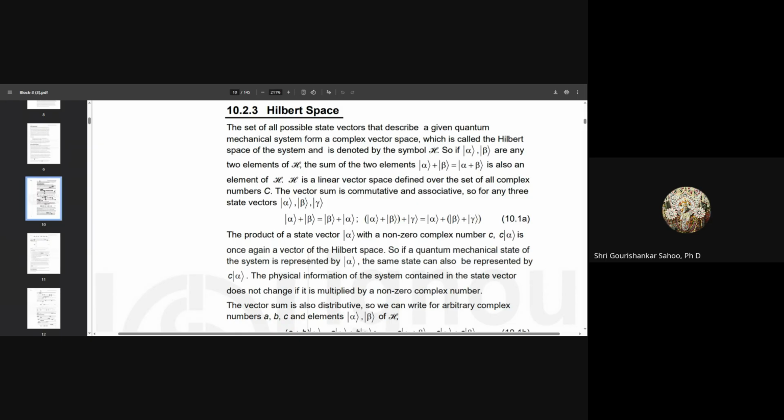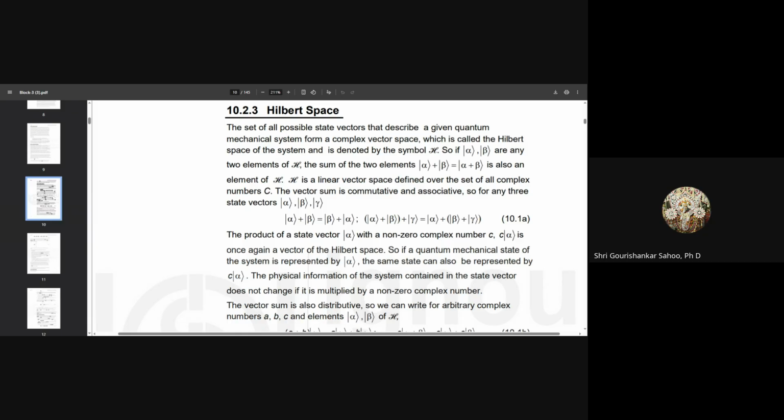So your alpha, beta can be shown as ket vectors, and these are any two elements of H, the Hilbert space, and the sum of the two elements, ket alpha plus beta, is also an element of H. So H is a linear vector space defined over the set of all complex numbers C, and the vector sum is commutative and associative.